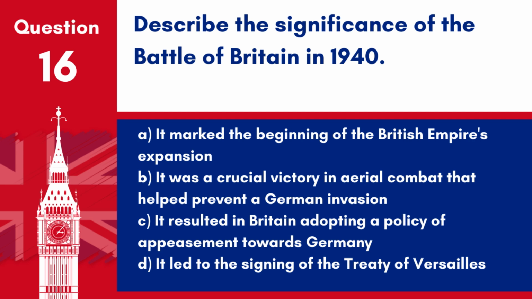B. It was a crucial victory in aerial combat that helped prevent a German invasion. C. It resulted in Britain adopting a policy of appeasement towards Germany. D. It led to the signing of the Treaty of Versailles. Answer. B. It was a crucial victory in aerial combat that helped prevent a German invasion.